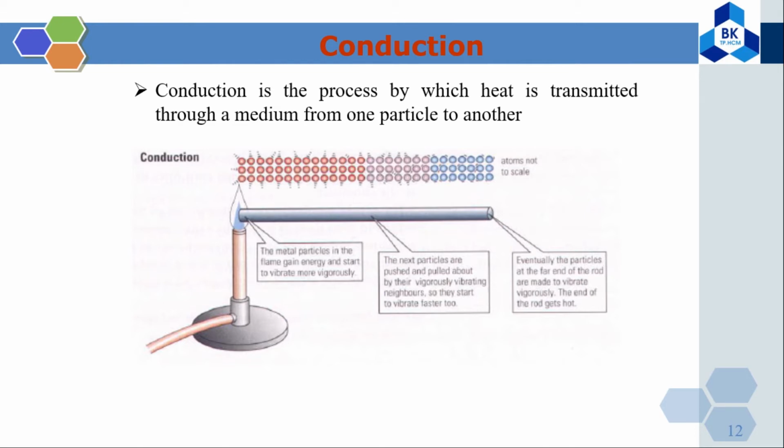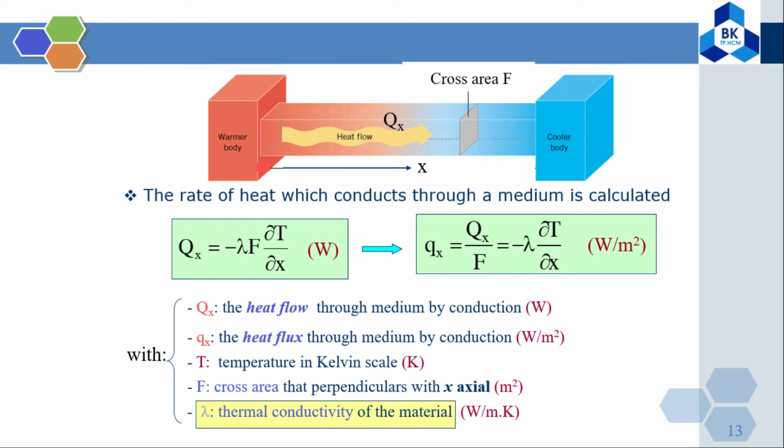The next particles are pushed and pulled by their vibrating neighbors, so they start to vibrate faster too. Eventually, the particles at the far end of the rod are made to vibrate vigorously, and the end of the rod gets hot. That is the procedure of conduction.